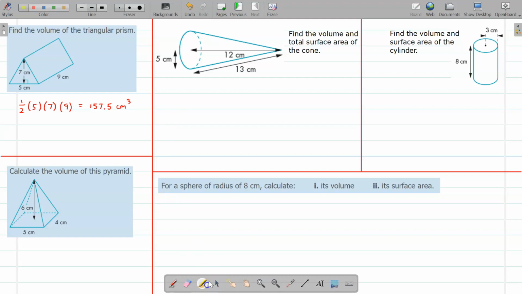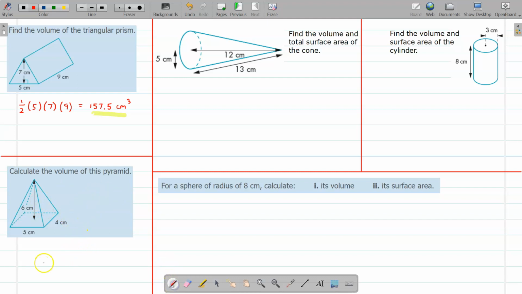First question done. Obviously it might ask you to give it to 3 significant figures, in which case you would give 158. The one underneath it is another volume question, very simple, asking you to find the volume of this pyramid.